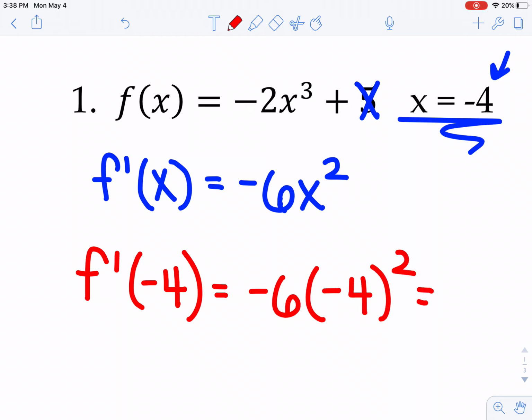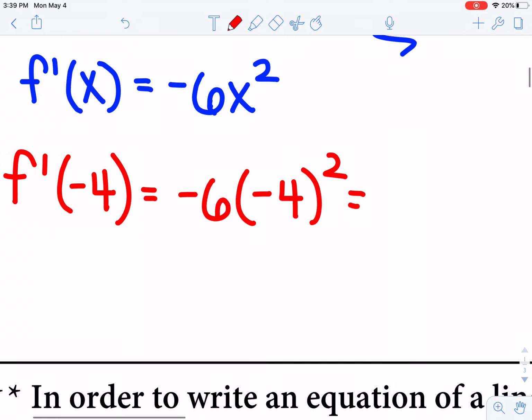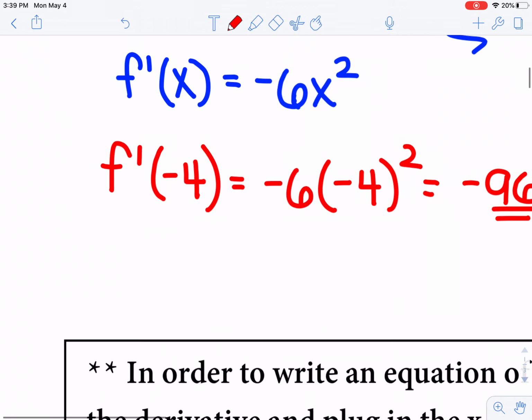And if I just type that into my calculator, let's see, what do I get? Negative 96. Right, because negative 4 squared is positive 16 times negative 6 is negative 96. That is the slope, and that's all I'm looking for in this problem.